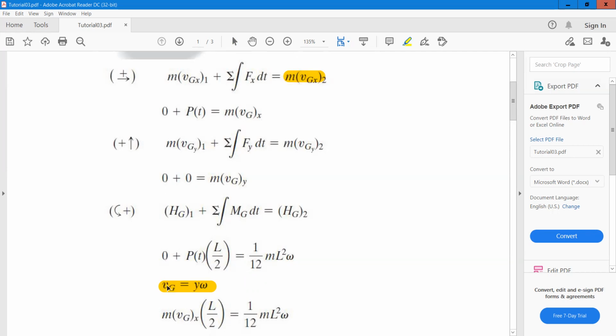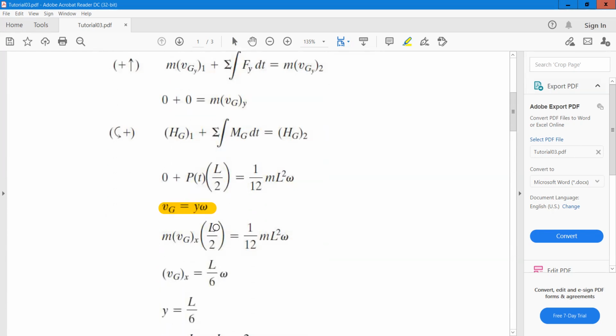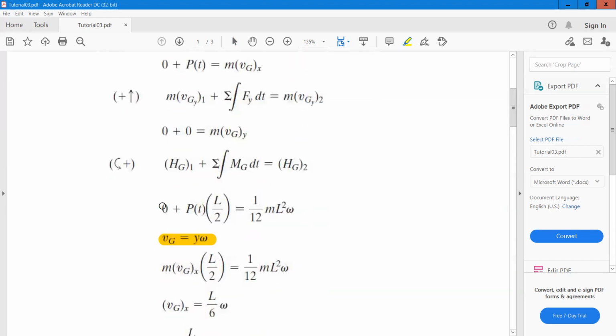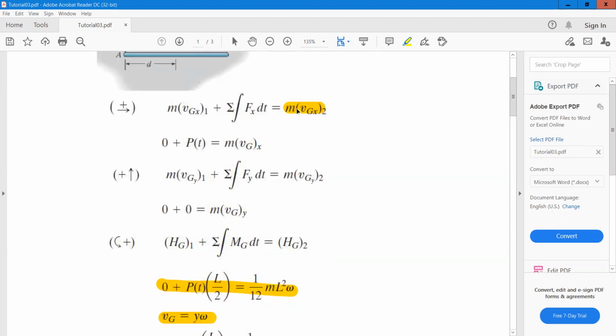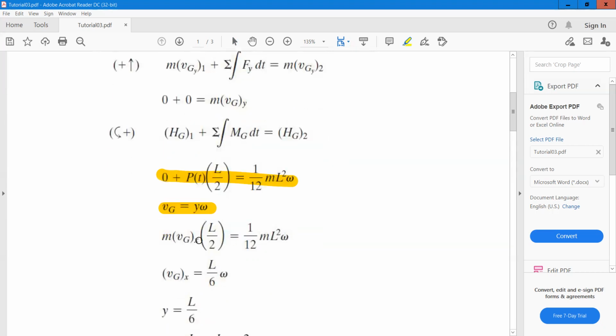So instead of VGX, we substitute Y times omega, and in this equation, instead of Pt, we substitute mVGX, and then we can simplify and calculate that VGX is equal to L over 6 times omega.